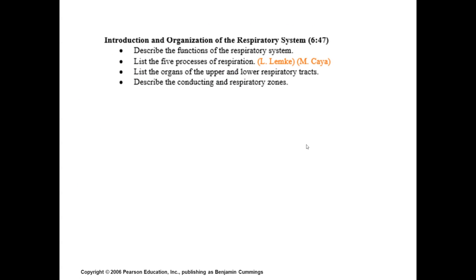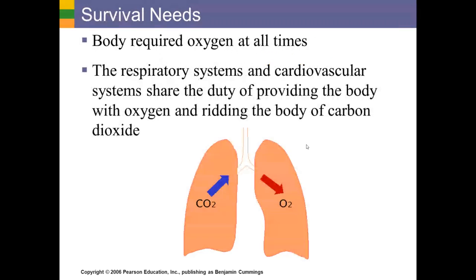And this is an appropriate place to start because it basically outlines what most of the chapter on the respiratory system is about. It's the 5 processes of respiration. So what I'm going to do now is outline those processes, and then we're going to go into some detail in some of those processes in a moment.